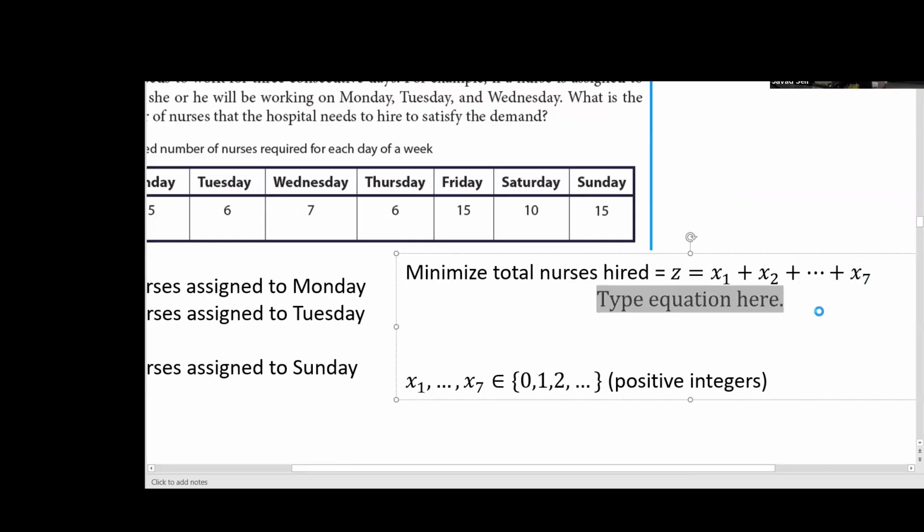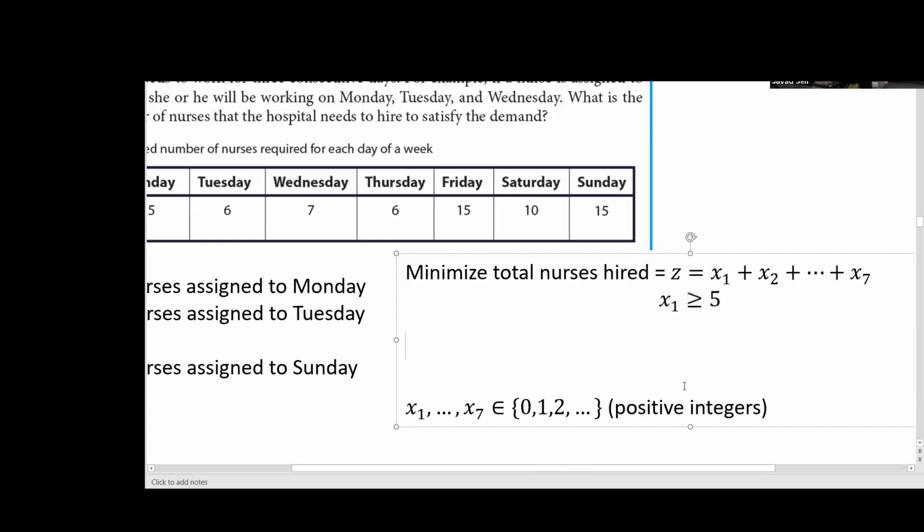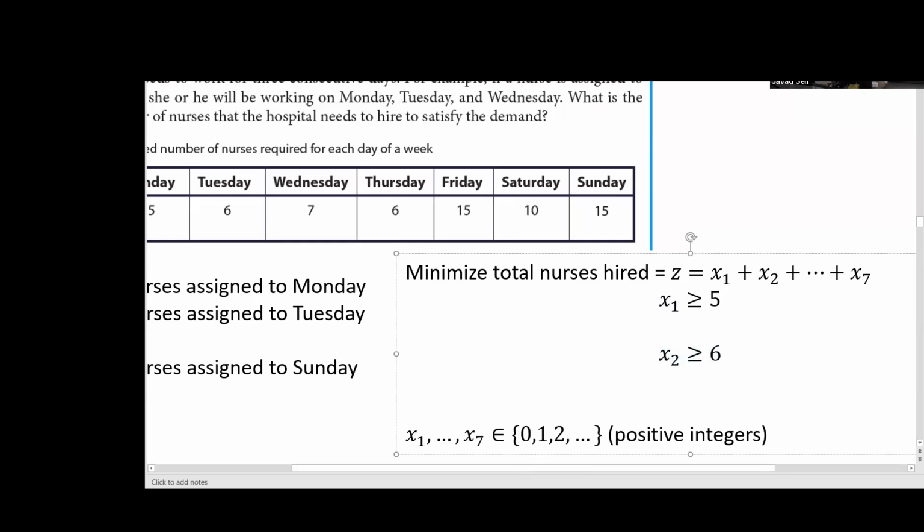How about this? X1, because X1 is what? Number of nurses assigned to Monday. X1 greater than or equal to 5. And then X2, is this a good way? Greater than 6 and so forth.